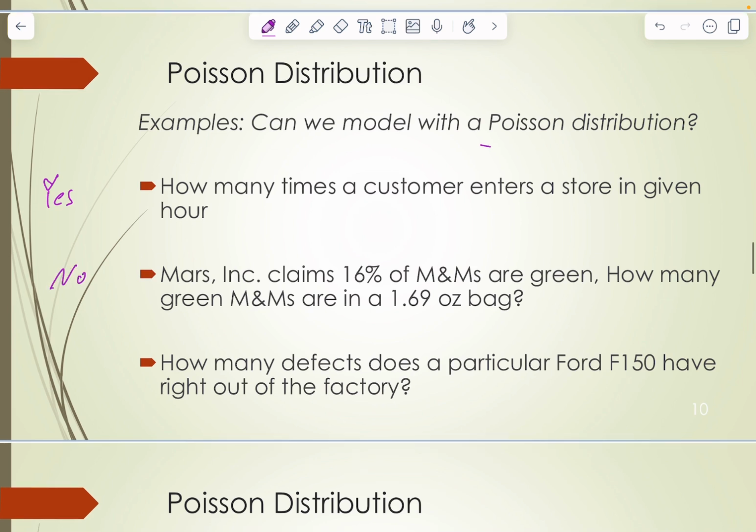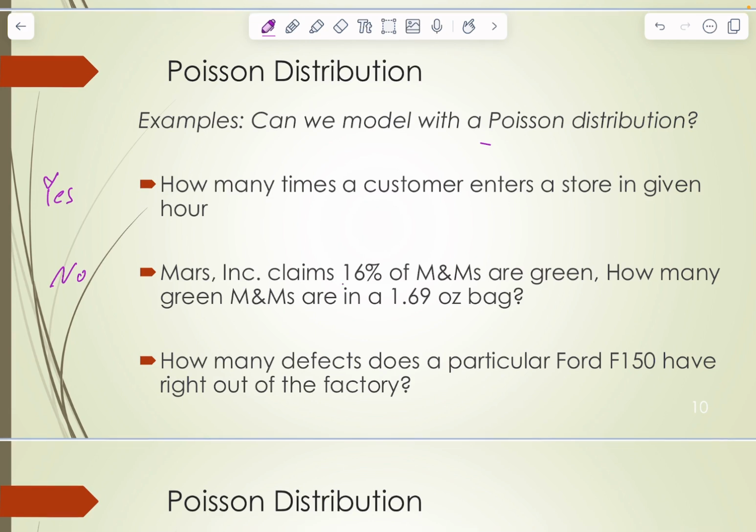You should not use a Poisson distribution to model this. The reason I would not use a Poisson distribution to test this claim that 16% of the M&Ms in the bag are green is because there is a structural limit on the number of M&Ms that can be put into the bag.